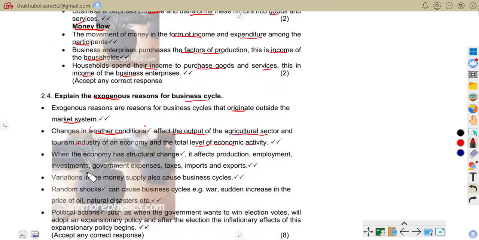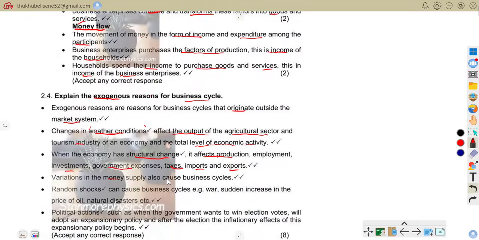Also, when the economy has structural change, it affects production, employment, investment, government expenses, taxes, imports, as well as exports. So here we're talking about structural changes in the economy. It means that changes in the structure of industry affect employment and production.